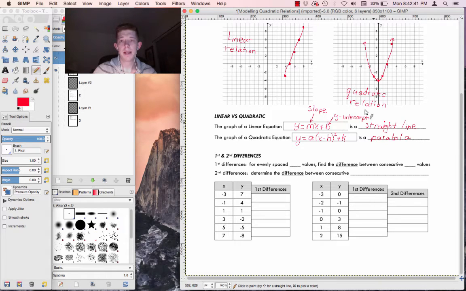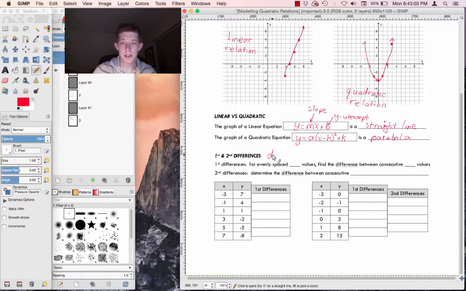Now, it's easy to see if we have the graphs which one is a parabola and which one's a straight line. But sometimes we might be given some data, and we don't really want to graph it. We want to find out, first of all, if it's a straight line or if it's a quadratic or a parabola shape. So let's discuss what we mean by the first differences.